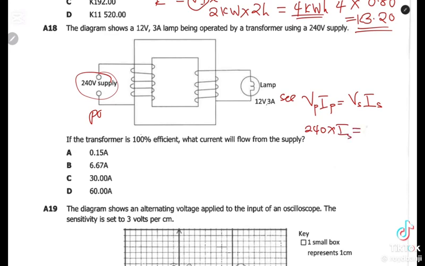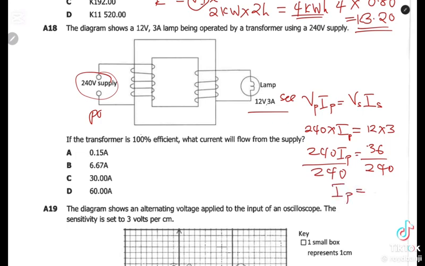Then what about on the secondary? What is the voltage? 12 multiplied by what is the current? 3. Okay, so here you have 36. Here you have 240 Ip equal to 36, so divide by 240, and therefore Ip, or current on the primary, is equals to 0.15 amp. So the answer is A.